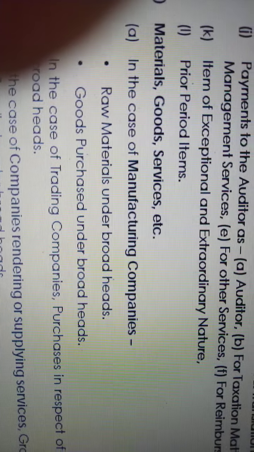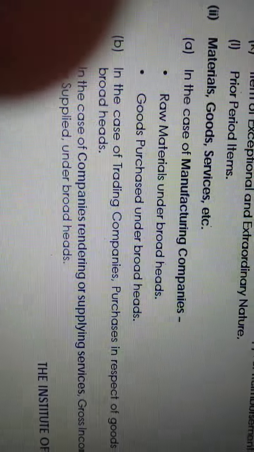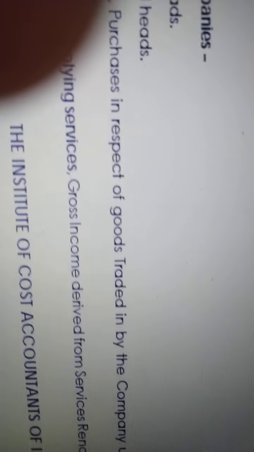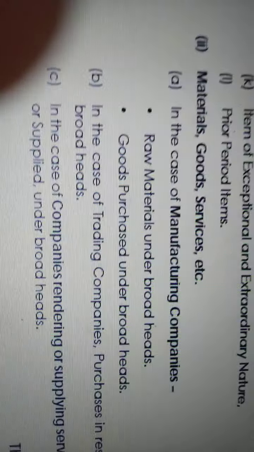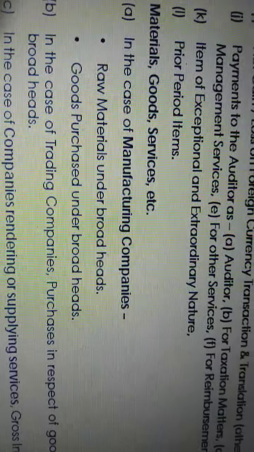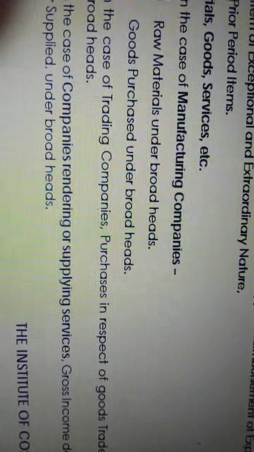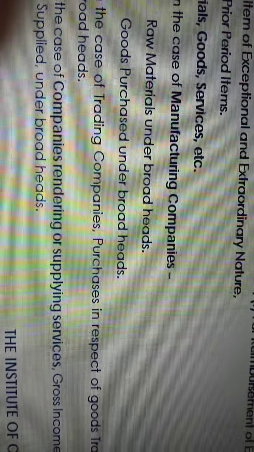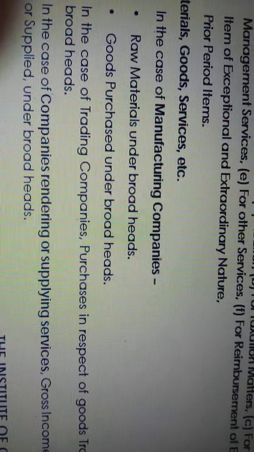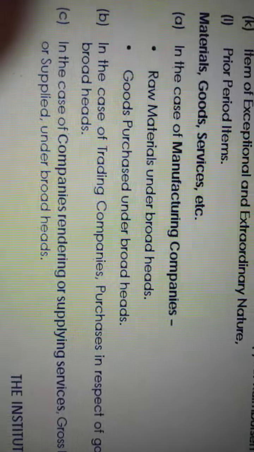But in the case of a trading company, I need not give a raw material breakup. I simply give a breakup of purchases of goods traded by the company under broad heads, because I am only buying and selling. So no need for a raw material breakup.